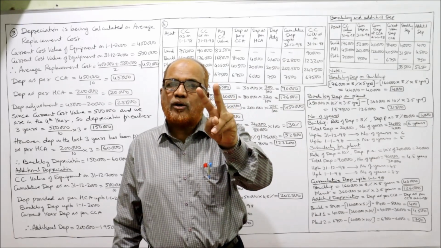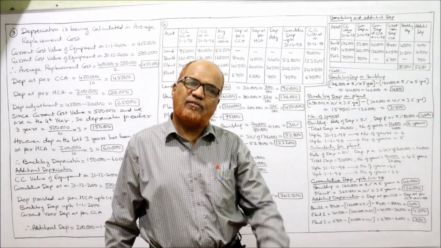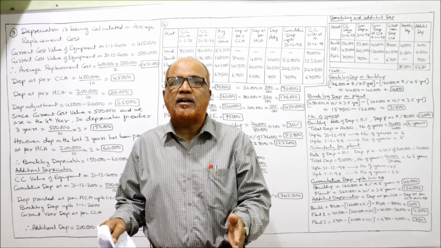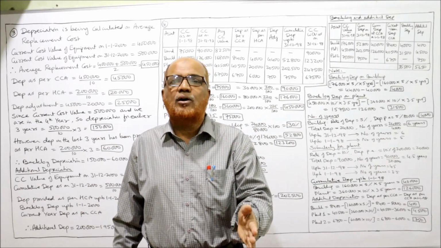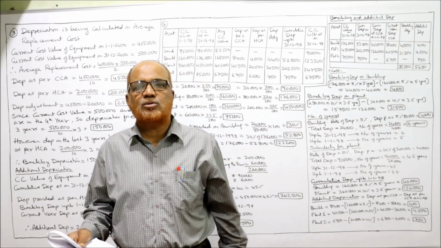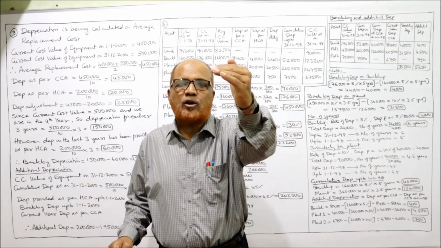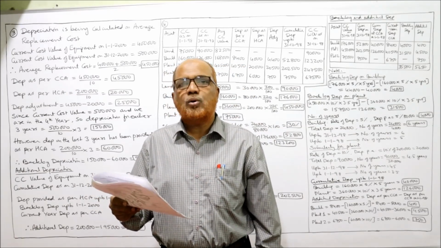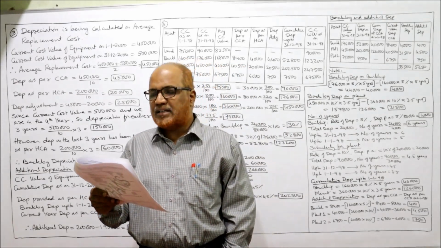Plant 1 was 2 lakh rupees and it is the old plant coming from last year. And a new plant is purchased at the beginning of the current year, on 1st January 98, for 60,000. That's why 2,60,000 is given. So we segregate the 2 lakh rupees plant and the 60,000 rupees plant.